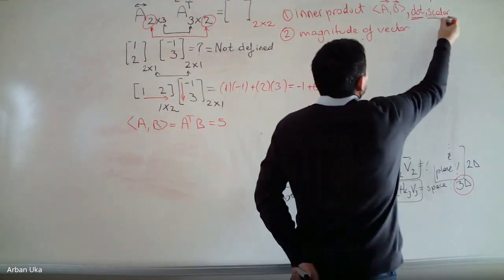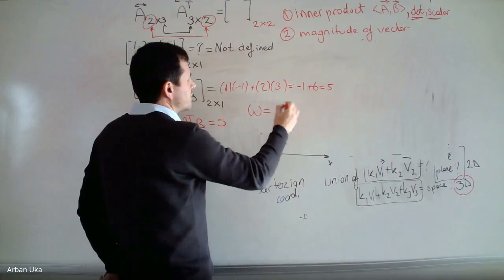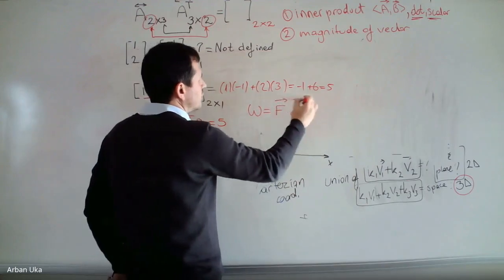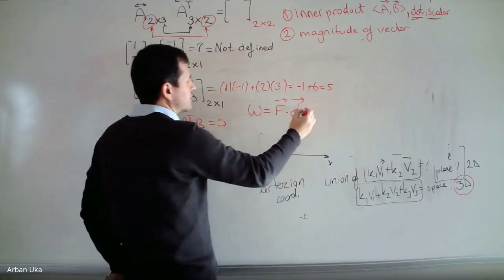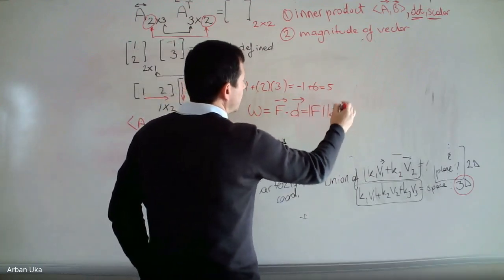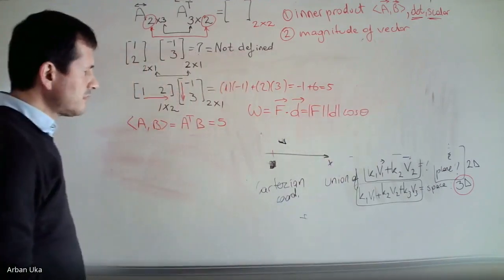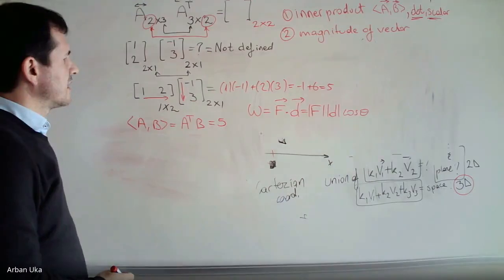For example, the work you're going to study in physics, the work is equal to force times distance. This is a dot product. These two are both vectors, and this is going to be equal to the magnitude of F times the magnitude of D times cosine theta, okay? So there is also a cosine theta there.